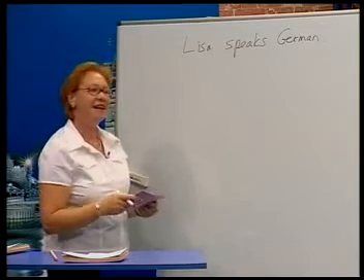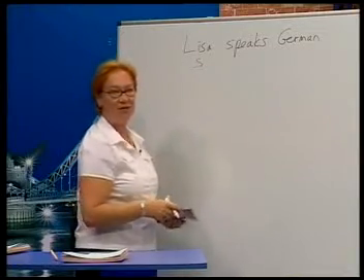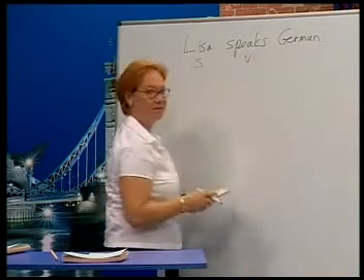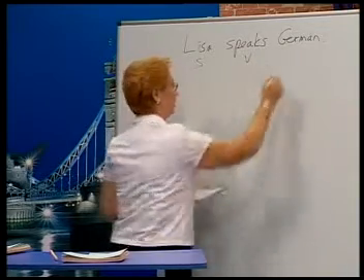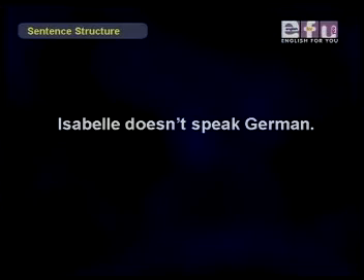Okay, Lisa, what is the subject? Lisa. Good. Isabel, what's the verb? Speaks. And Ali, what is this? It is the object. Good. Okay, here's another sentence. Isabel doesn't speak German.